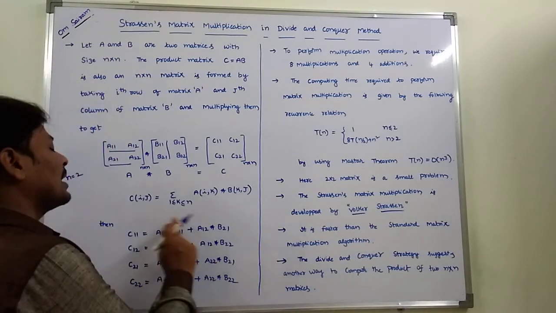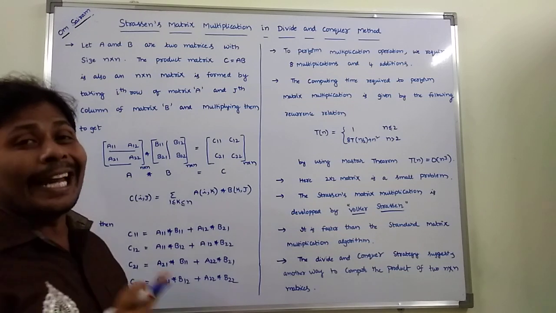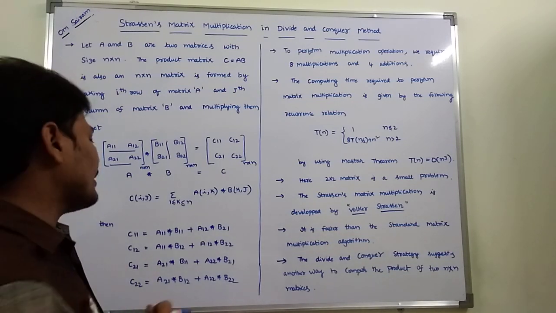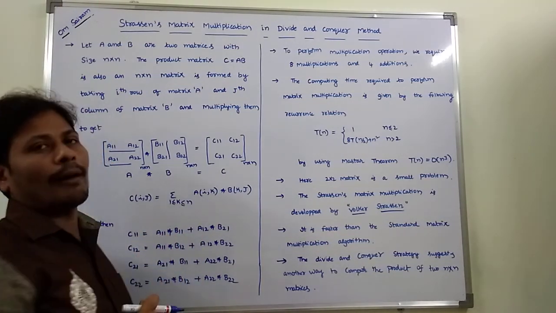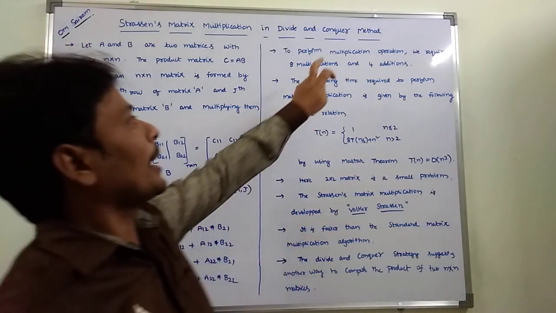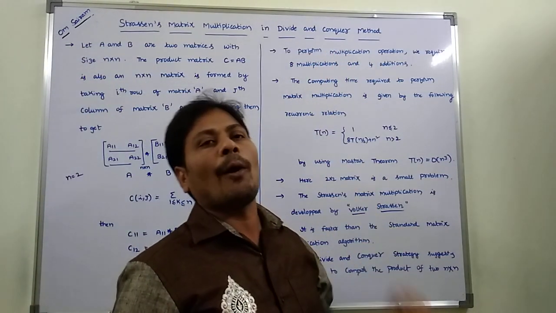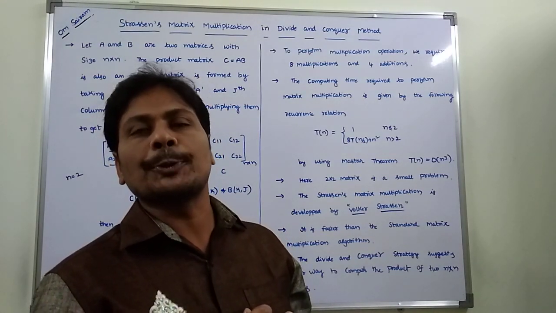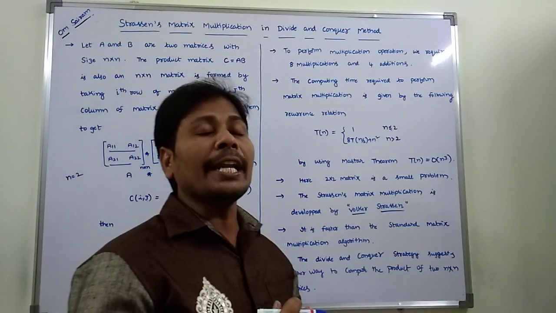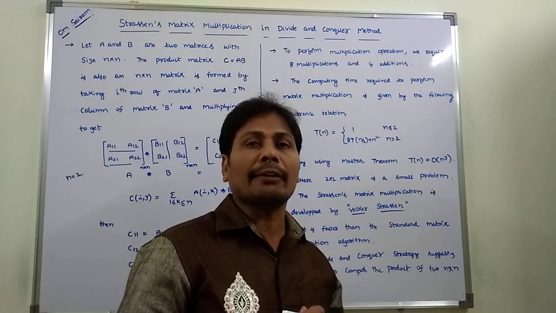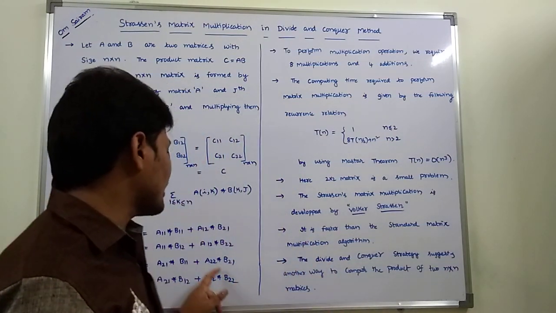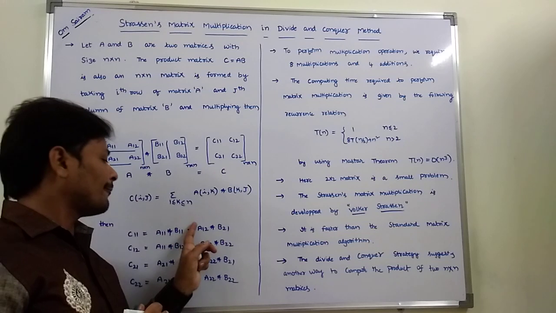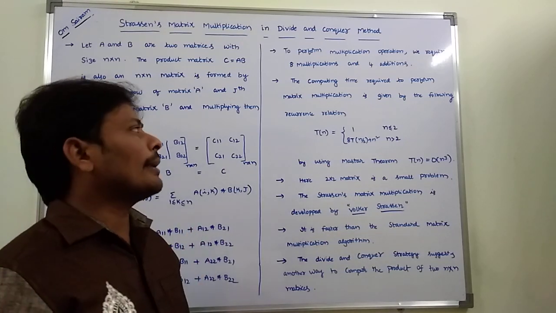How many multiplications are there? 8 multiplications and 4 additions. To perform this multiplication operation with the size 2 by 2 between two matrices, 8 multiplications are required and 4 additions are required.